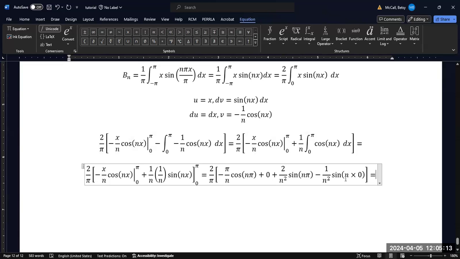So that's 0. That's definite. Sine of 0 is 0. Any whole number multiple of pi of sine is also 0. So that's also gone. And so all I'm left with is this piece.